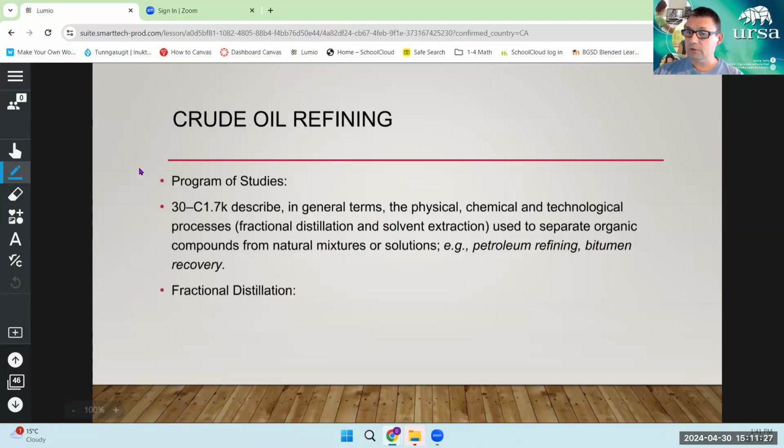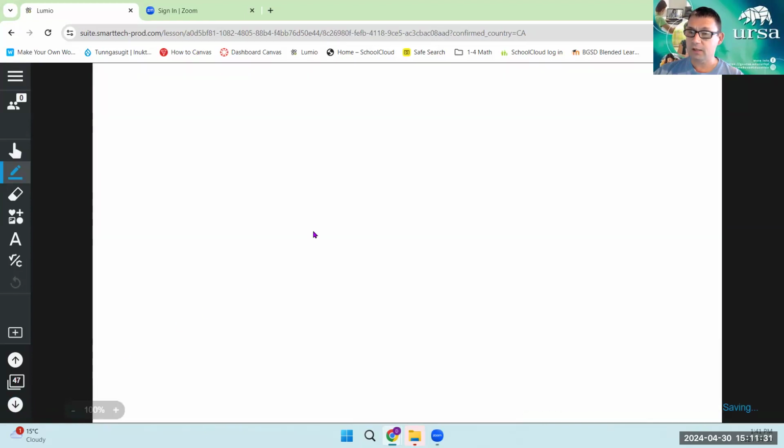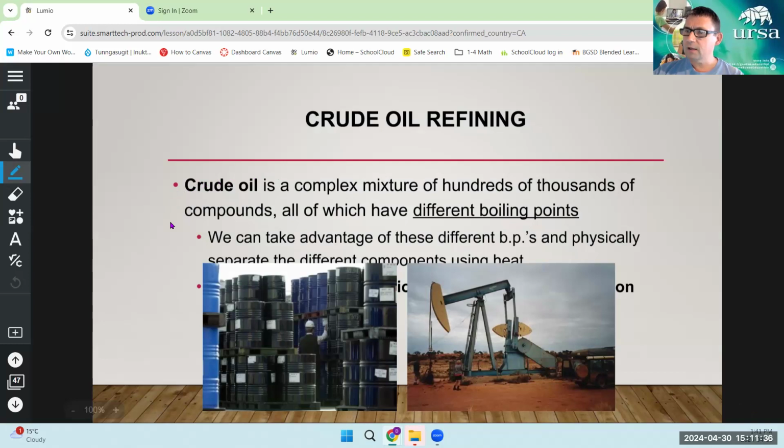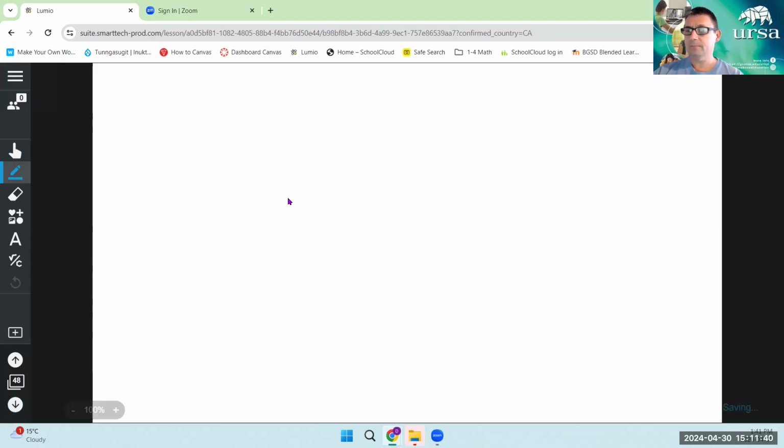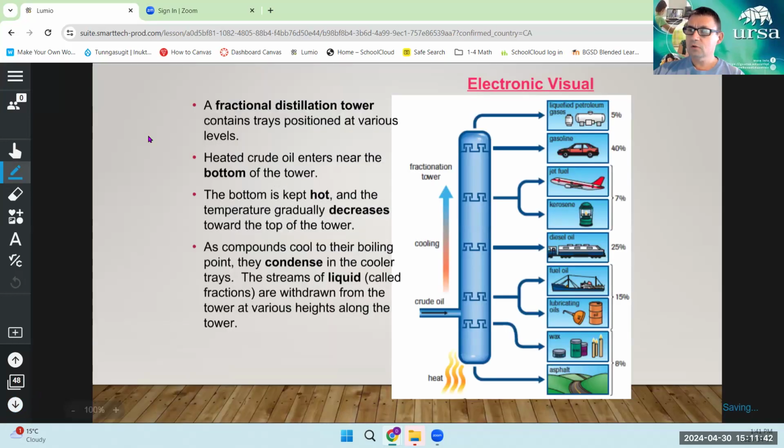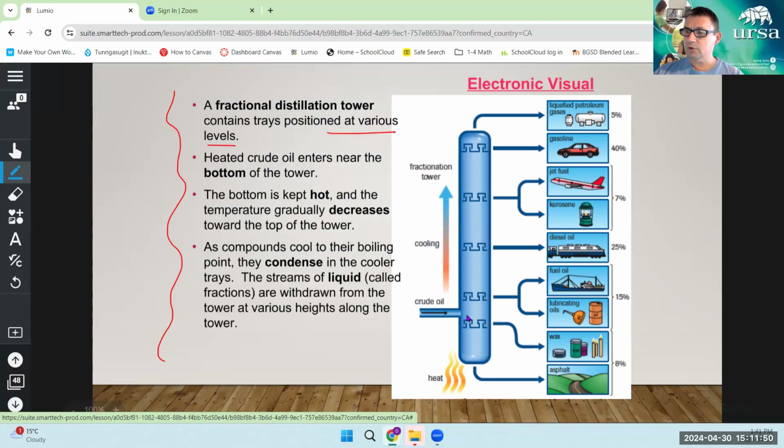Now, from the program of studies, you're expected to understand the process of fractional distillation, which is outlined in the video. So when crude oil is refined, we take advantage of these boiling points to separate them accordingly. These fractional distillation towers contain trays located at various levels. Heated crude oil is inserted at the bottom.